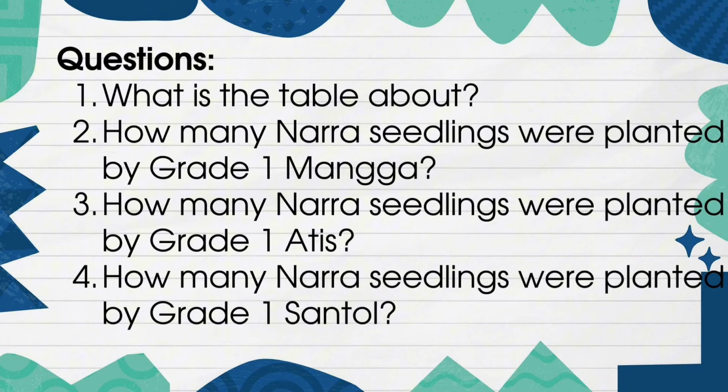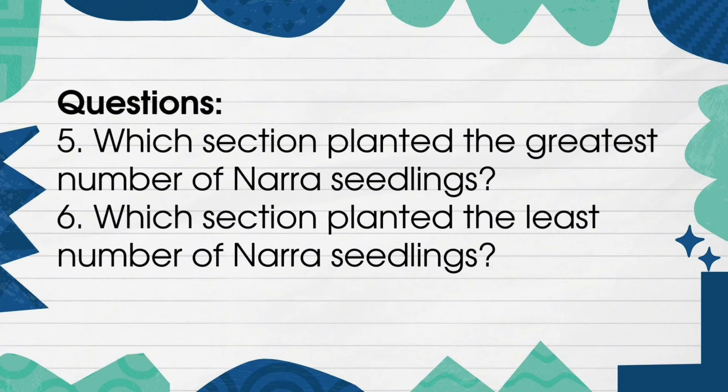Number 4, how many were planted by grade 1 Santol? Number 5, which section planted the greatest number of Nara seedlings? And number 6, which section planted the least number of Nara seedlings?